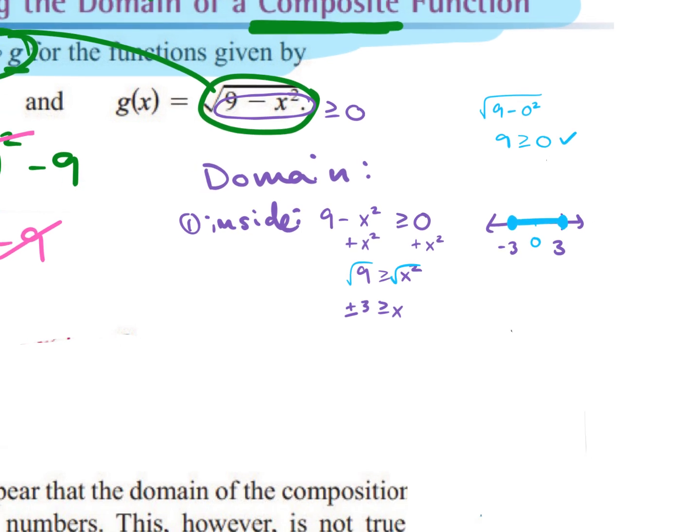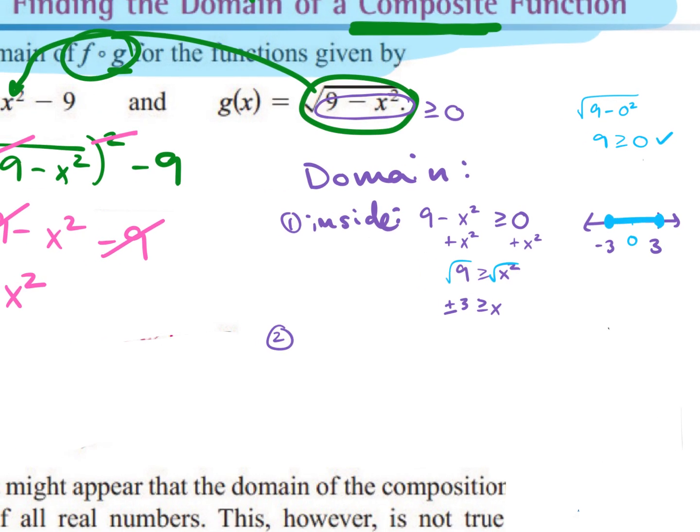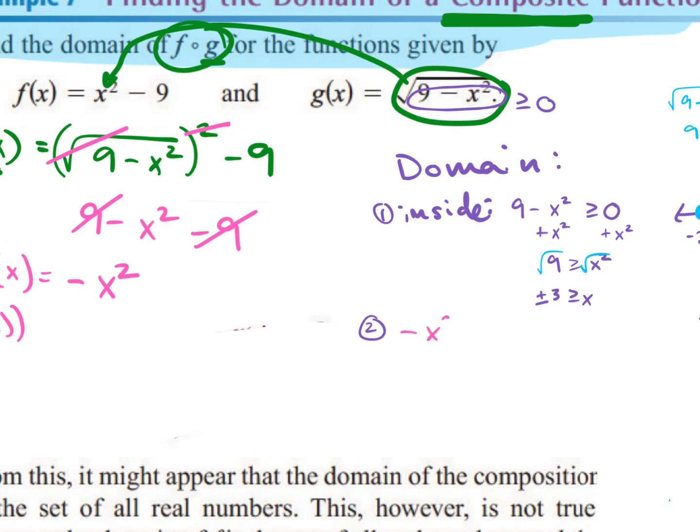Second thing we have to check is the domain of our new function. So if I have a negative x squared, so I'll say new function, f of g. What's the domain of negative x squared?